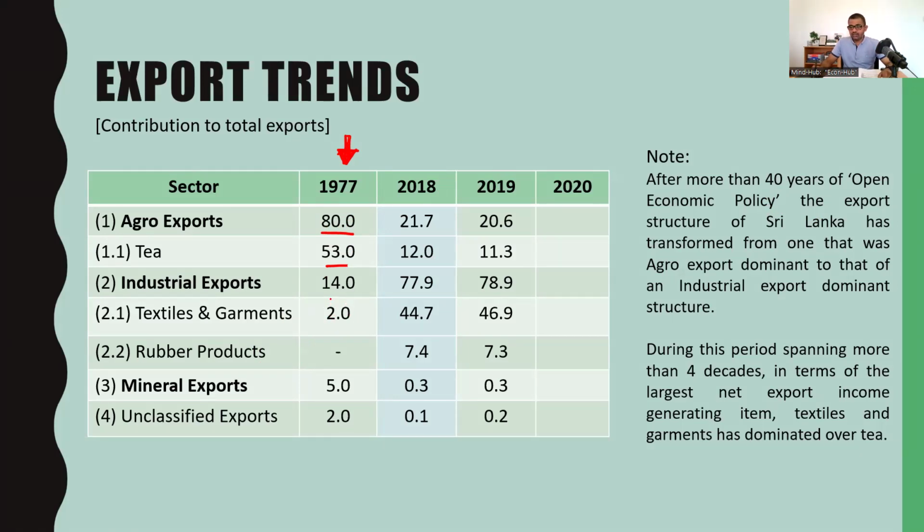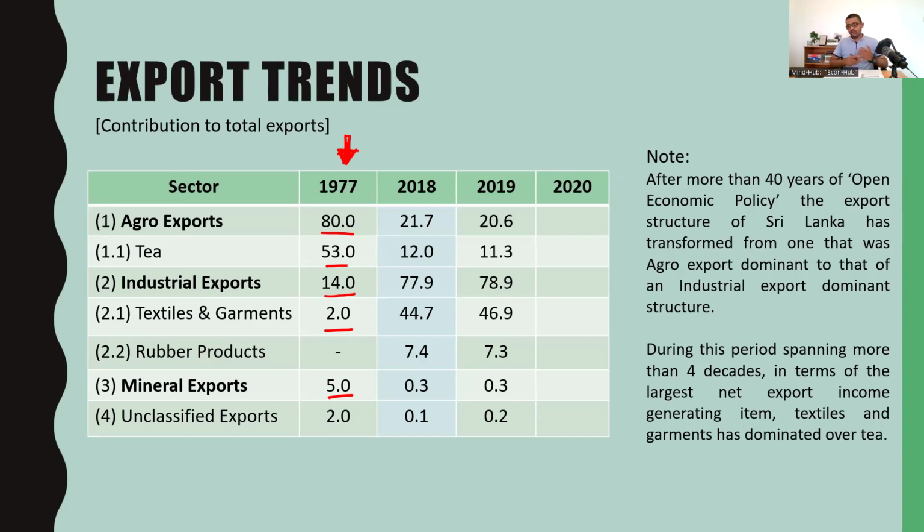Then industrial only contributed 14%, textile garment only 2%, mineral had a contribution of around 5%. What are you guys doing? You're making a quick note in page 28, either on the left or right hand side of the table, about these numbers that I have highlighted in front of the relevant heading or the item.